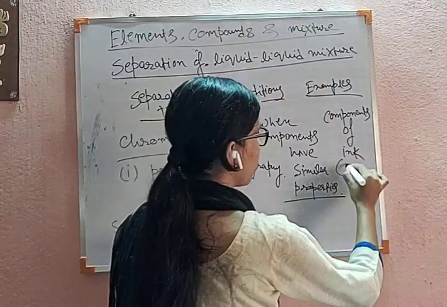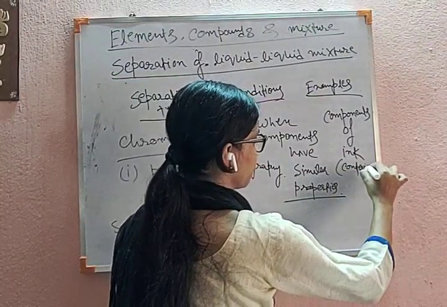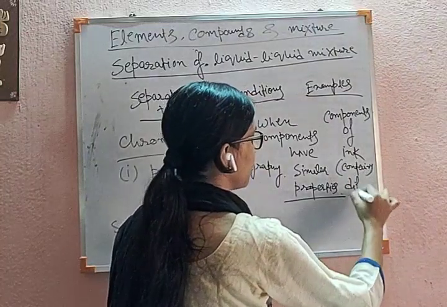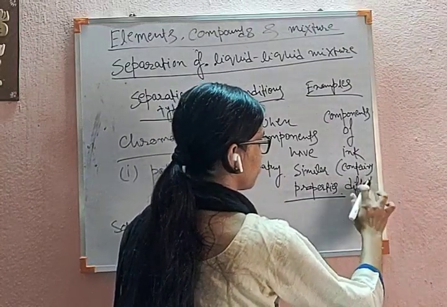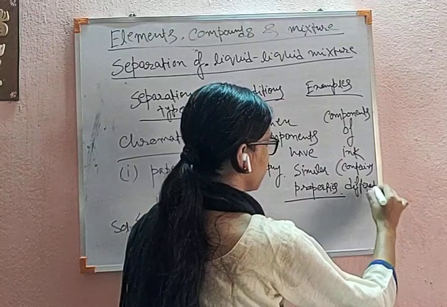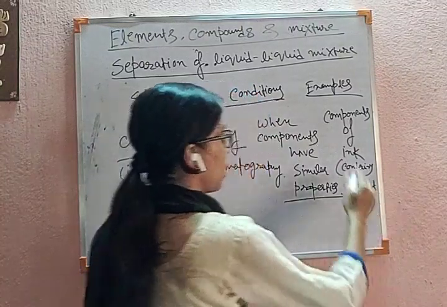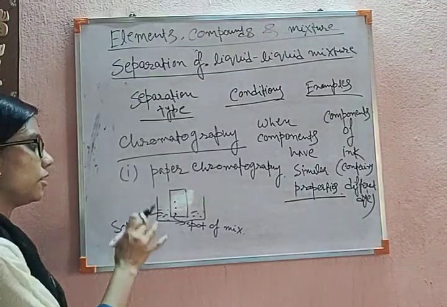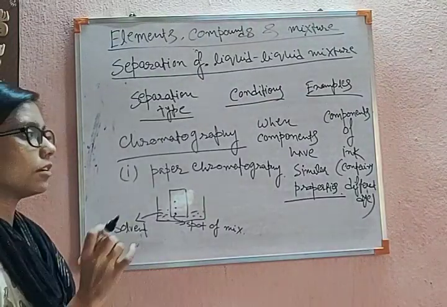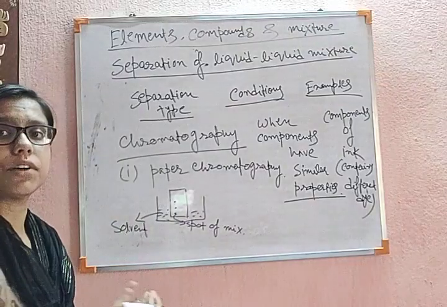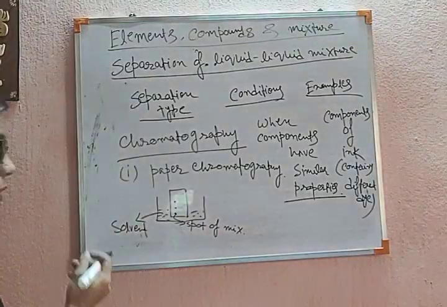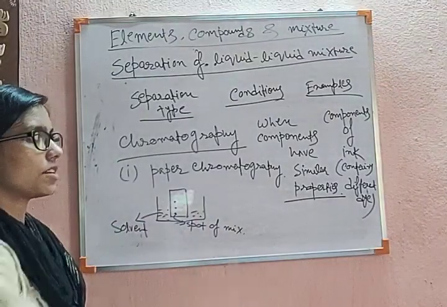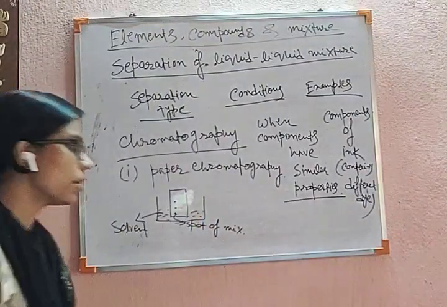We can write: ink contains different dyes. When we apply this technique, we can separate the dyes by getting different spots. We can get different spots for the different dyes present in the ink, and we can separate them like this.